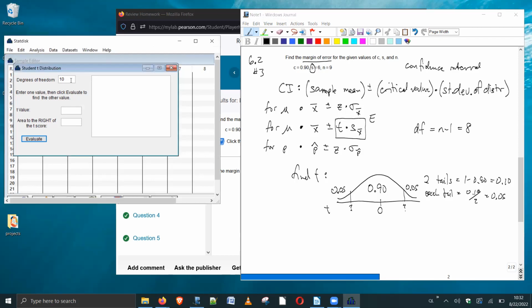So degrees of freedom is 8. We don't know the t-value. We know the area to the right of the t-score. Looking at our graph, the area to the right is 0.05. So type that in, click evaluate, and that tells us what we need.